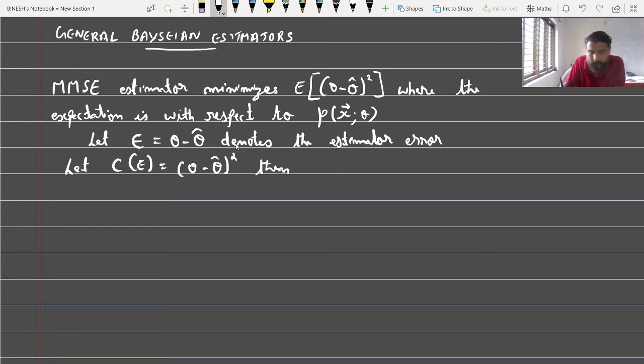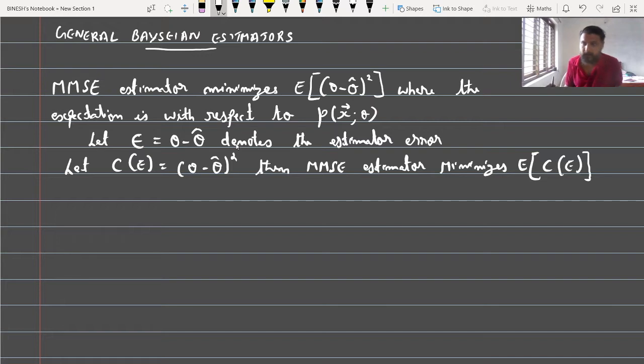That is the cost. Then the minimum mean square estimator minimizes the expectation of the cost of error, that is C of e.